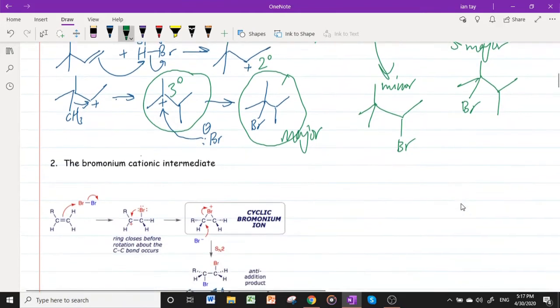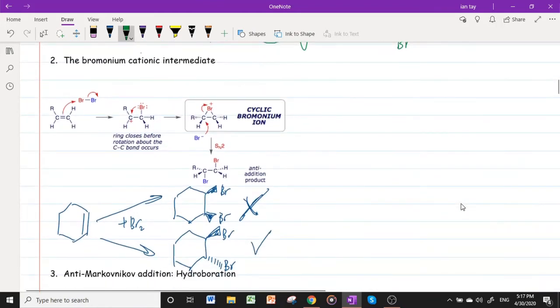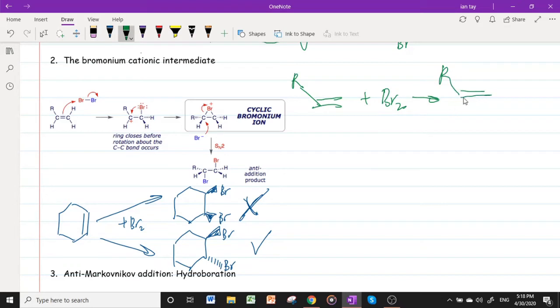So let us now take a look at the second thing, which is the bromonium intermediate. Normally, if I were to have an alkene and I were to add Br2 to it, what would you observe? You would expect this cationic intermediate to form.